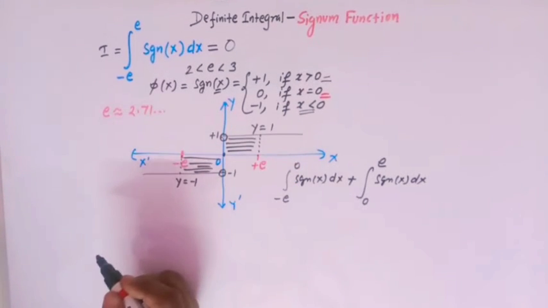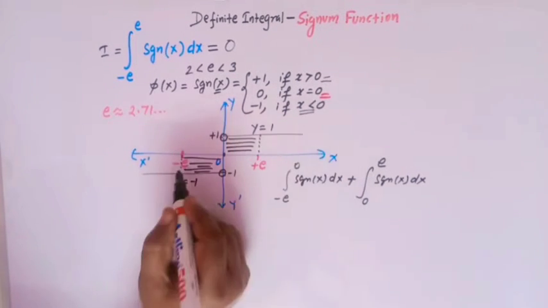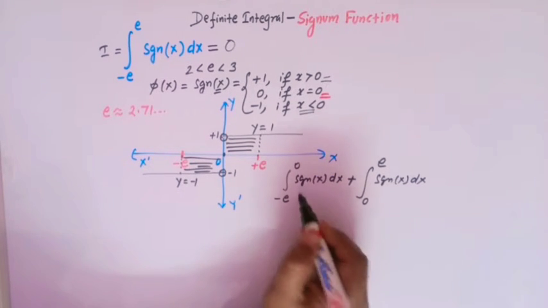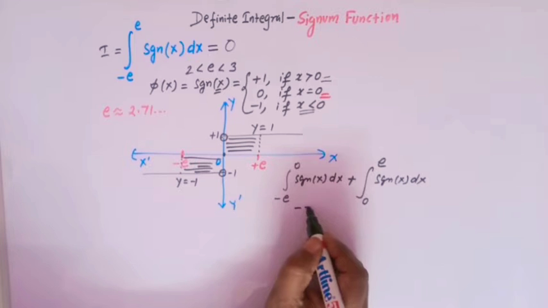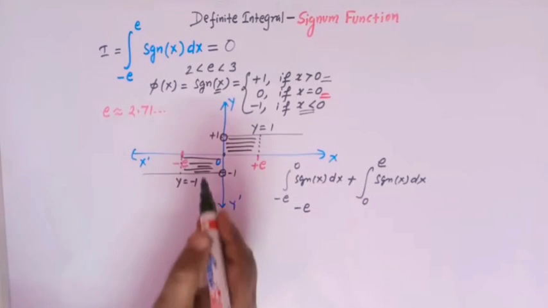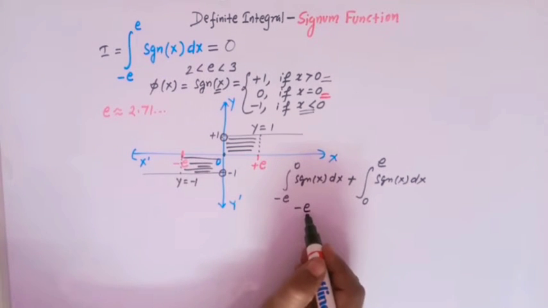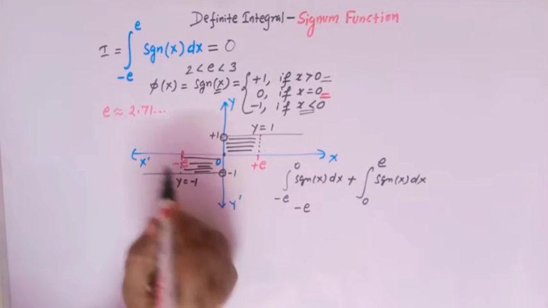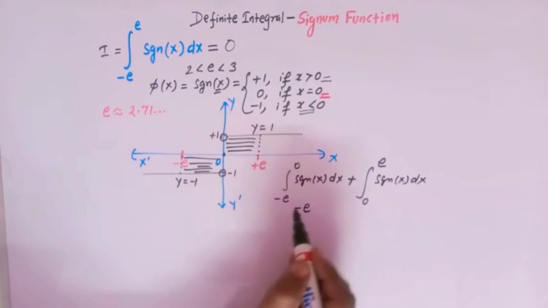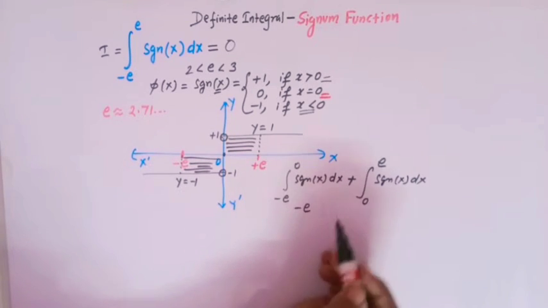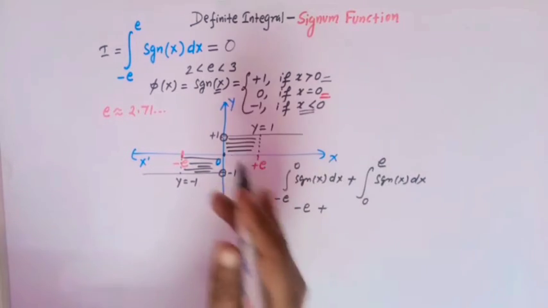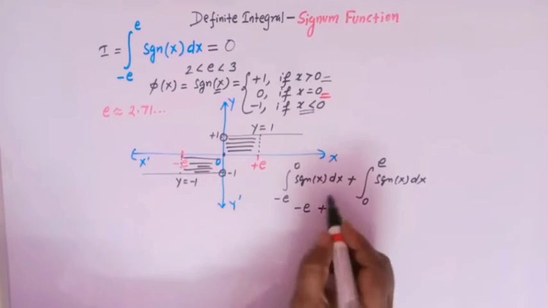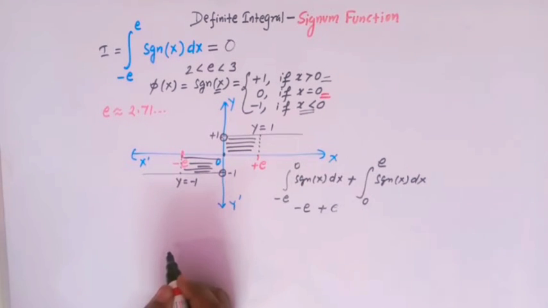So why is this 0? Because the area from minus e to 0 is equal to minus e, which we have just calculated, right? And this area lies below the x-axis, so that's why it is minus e, and the area above the x-axis is positive e, right?